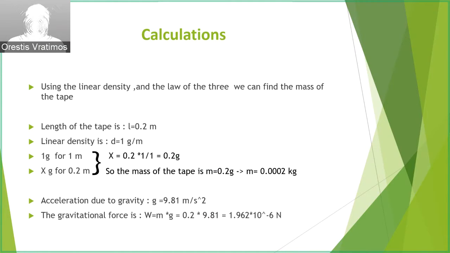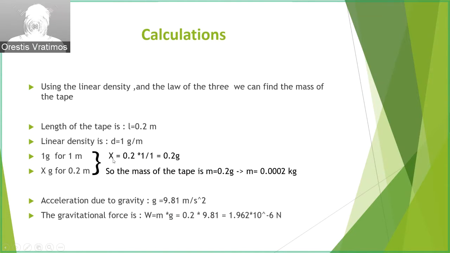We used the linear density and the rule of three so we can find the mass of the tape. Using the length of the tape, which was 0.2 meters, and the linear density, which is 1 gram per meter, for 1 gram per 1 meter, we wanted to find the mass for 0.2 meters as we measured.